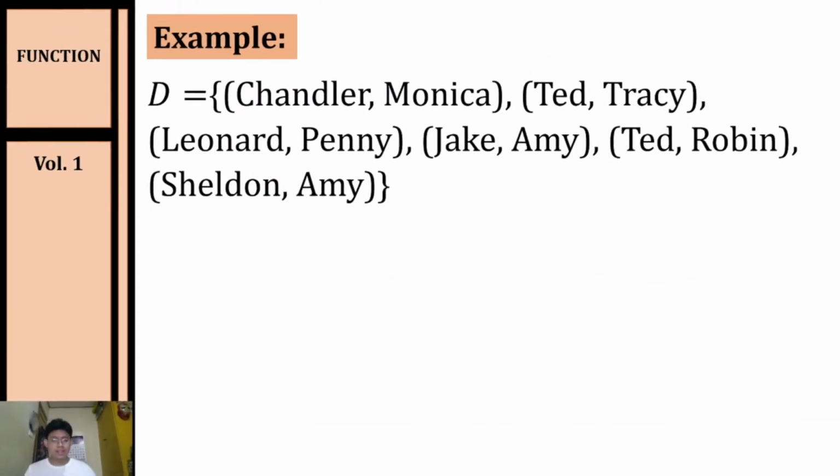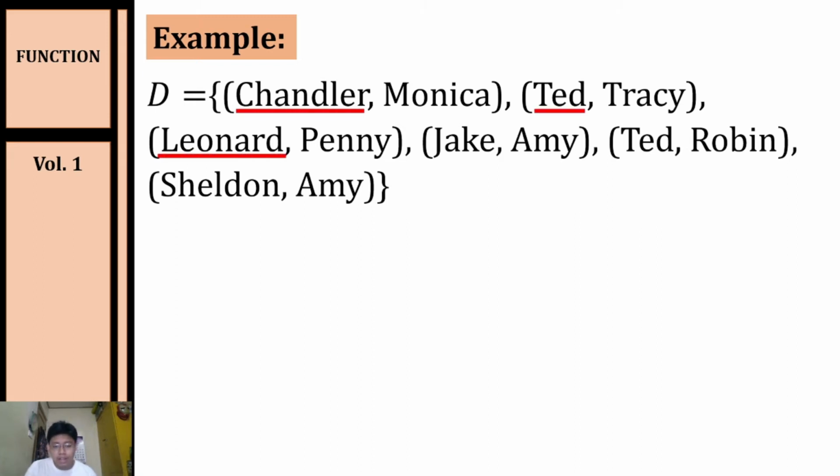Okay, let's have another example. For example, we have set D. For set D, we're given a set of ordered pairs. To check if this is a function or not, let's first identify our x-coordinates. For our x-coordinates, we have Chandler, Ted, Leonard, Jake, Ted, and Sheldon. Let's identify if we have a repeating element of x.